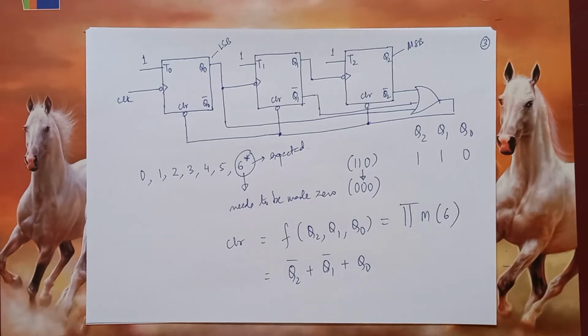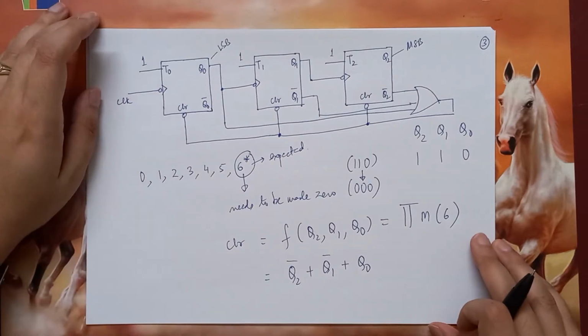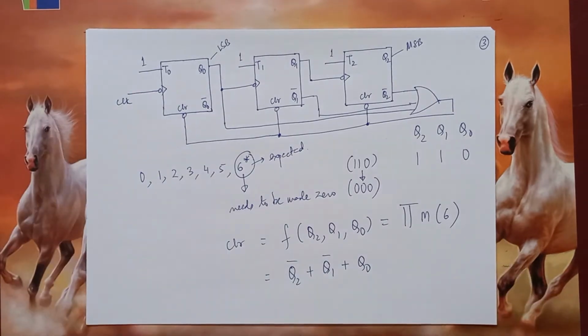So this is the way with which you can use ripple counters to count in increasing order or decreasing order up to a certain value which is not the maximum or the last value. This is a very useful approach.